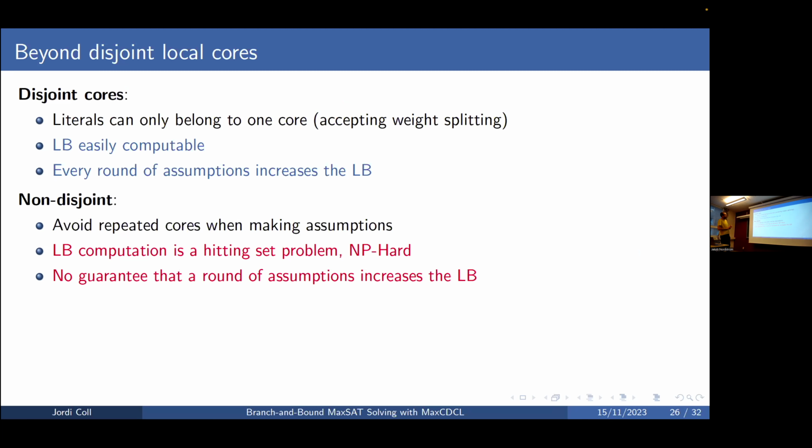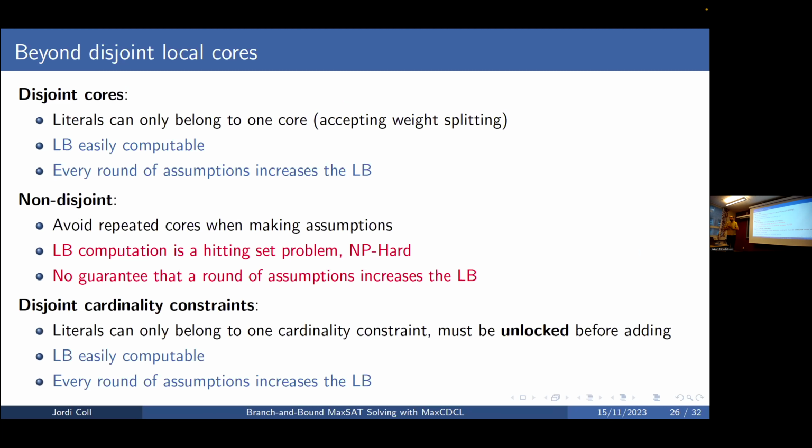But can we find something in between that can still use some kind of non-disjoint cores? Yes. And actually, what we have is disjoint cardinality constraints, not cores. So now, the constraint will be that the cardinality constraints are disjoint. Every literal will only belong to one cardinality constraint.